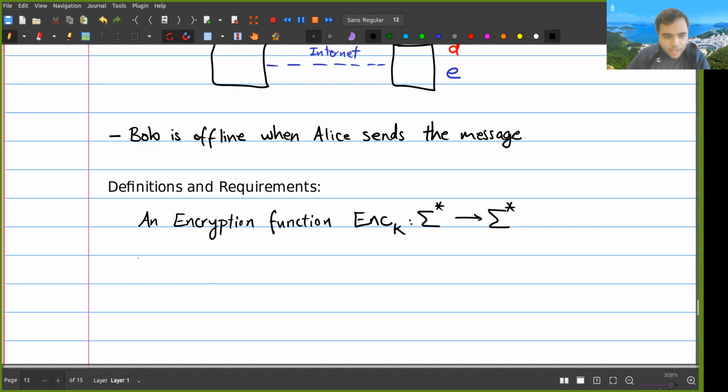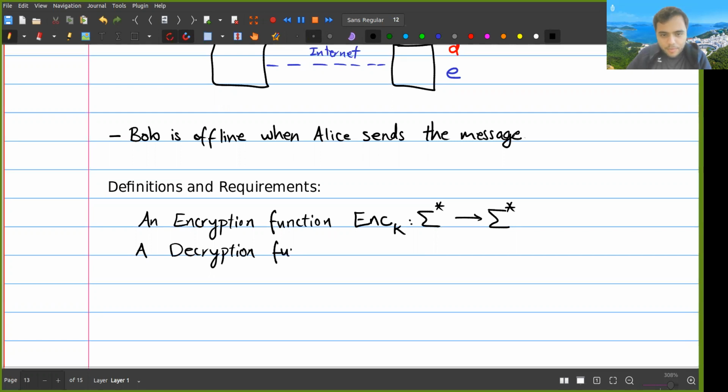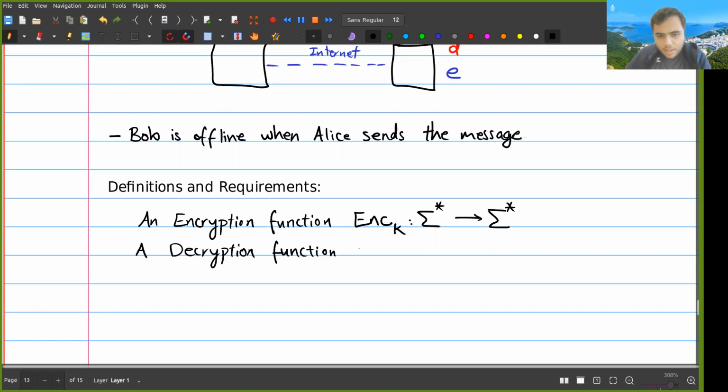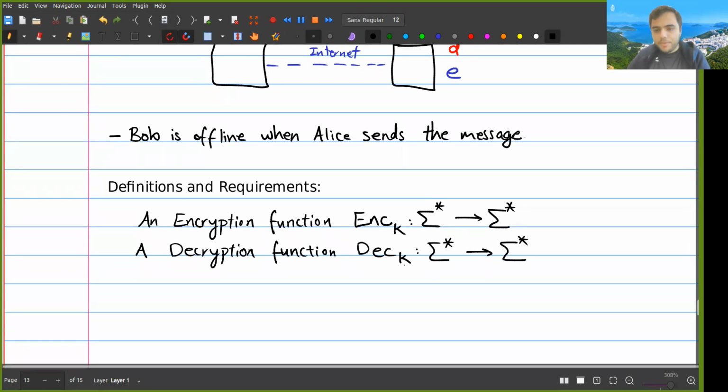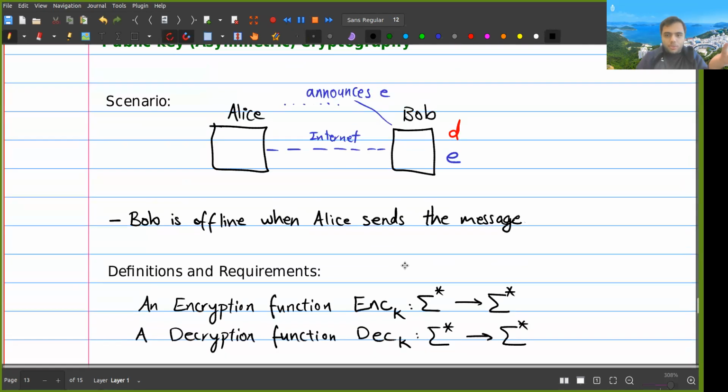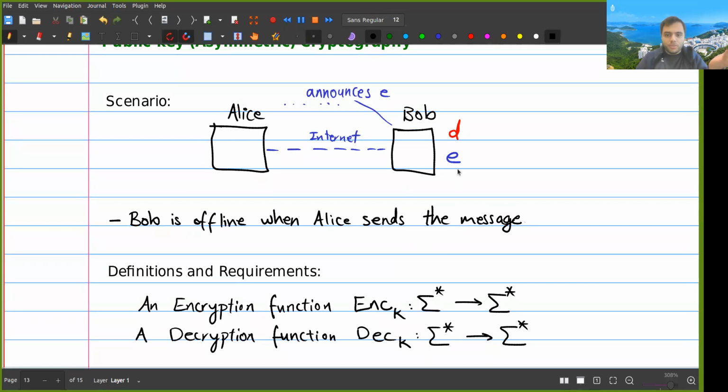We also want to have a decryption function. We call this decryption, and it also gets a key and decrypts the message, right? So previously, when we were doing symmetric cryptography, we used the same key in encryption and decryption. But now we don't want to use the same key. We want to have two different keys, one for encryption, one for decryption.